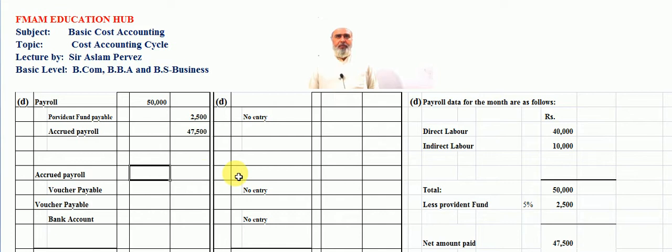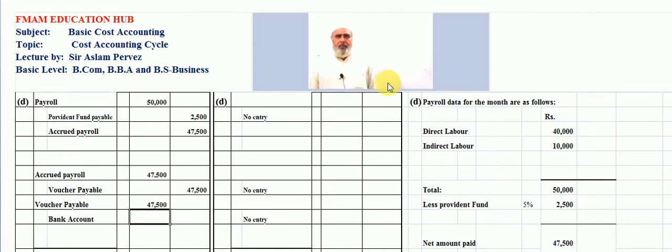The 47,500 rupees accrued payroll is written off here, and the voucher payable is prepared for this purpose. Students, 47,500 rupees. The final payment: the voucher payable is debited 47,500 rupees and the bank account is credited.